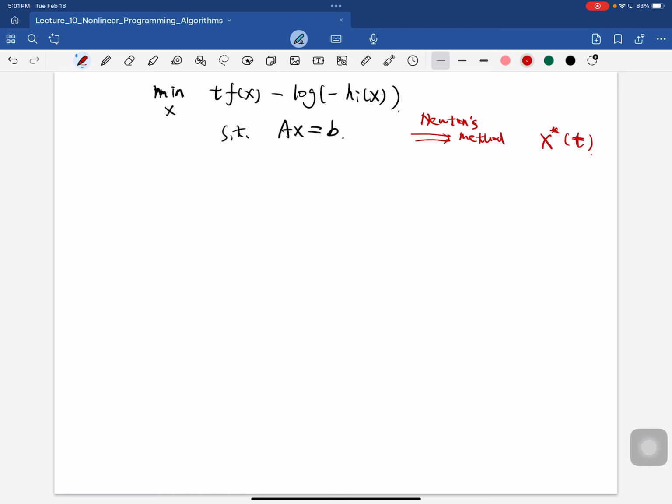Again, Newton's method doesn't even need to know what the optimal dual solution is. But since this is a convex problem, let's suppose this problem satisfies constraint qualification. So if x star t minimizes this problem, it should also satisfy the KKT condition for some dual variables. Let's write down the KKT condition for this problem.